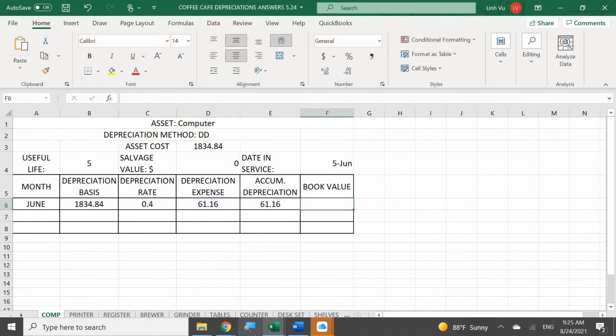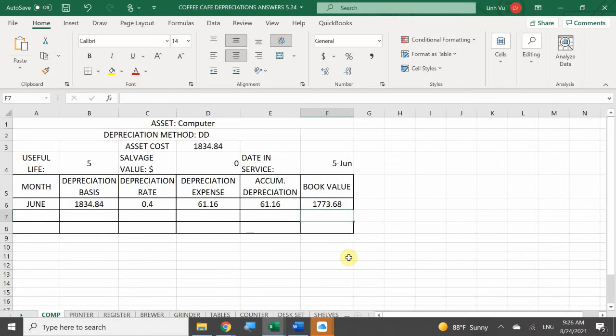Okay. So if we were to solve for the month of July, what's my depreciation basis going to be? 1773.68. Good, just testing if you guys remember.